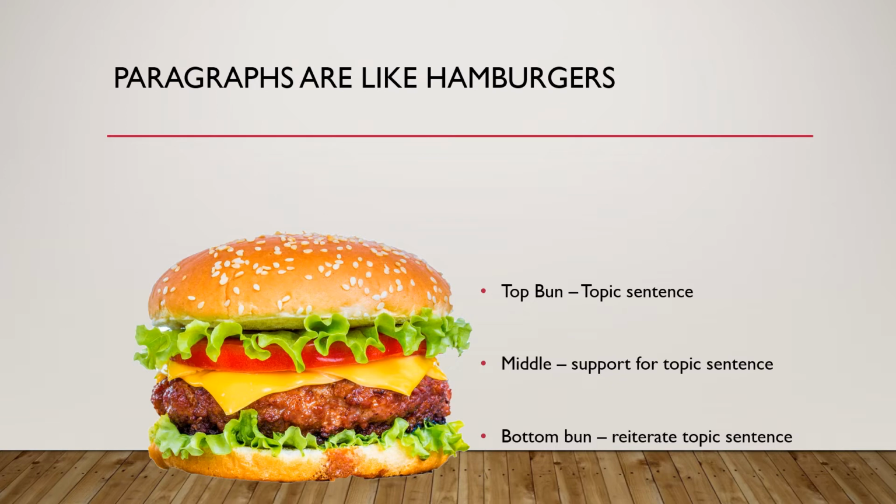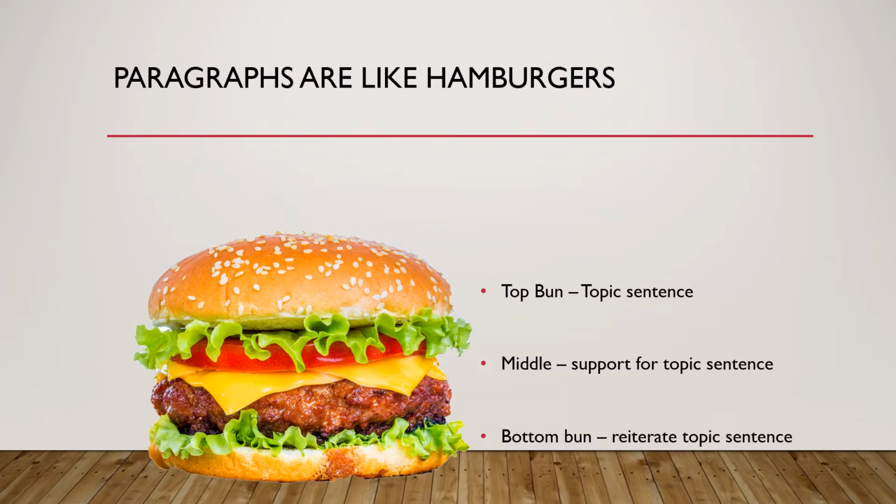So for this video, I'm going to use this metaphor of the hamburger, which is kind of silly, but hopefully it will help you remember the ideas in the video and how to put together a paragraph when you go to write. So I want you to think of the paragraph as being like a hamburger, and that the top bun of your hamburger is your topic sentence.